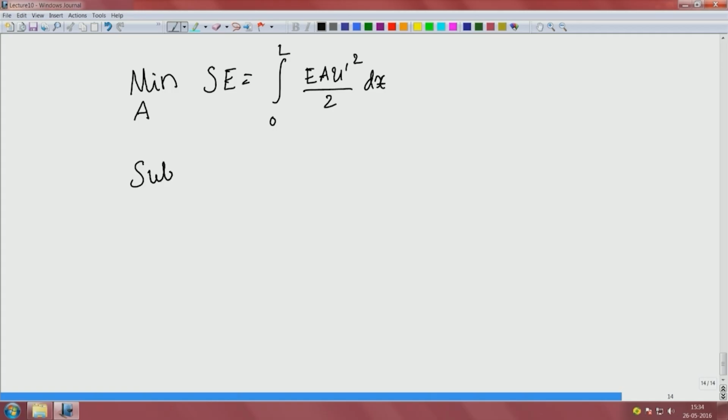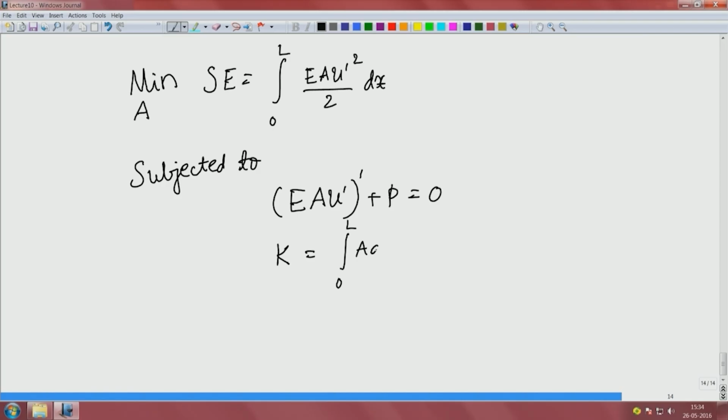We have to make sure that u, or u prime, is not something arbitrary; it has to be governed by the equation we just derived, E A u prime prime plus p is equal to 0. And then we also have this equation for the volume, that integral 0 to L A dx minus V star is equal to 0. That is, the volume is specified for the bar, and A dx gives the volume of the entire bar as you change the area of cross section, and the strain energy is to be minimum.